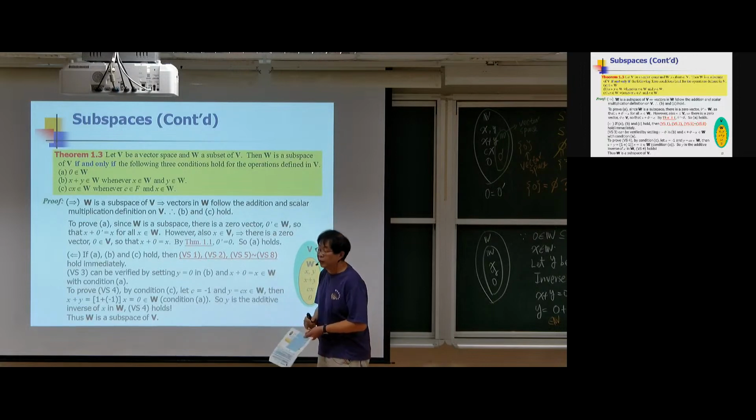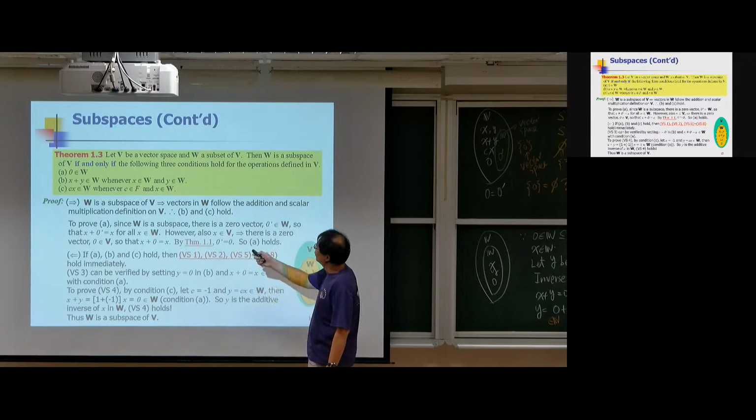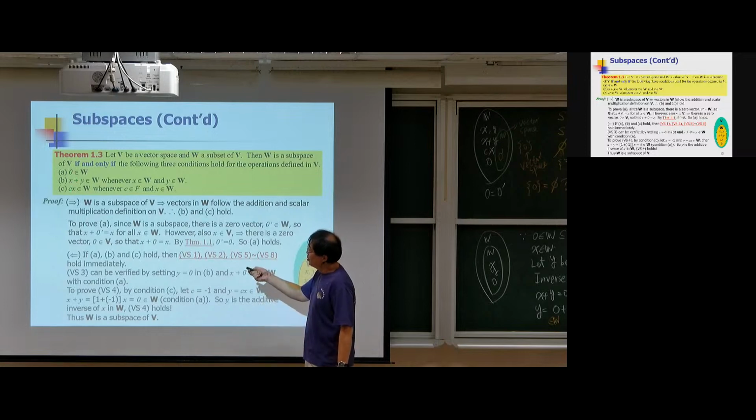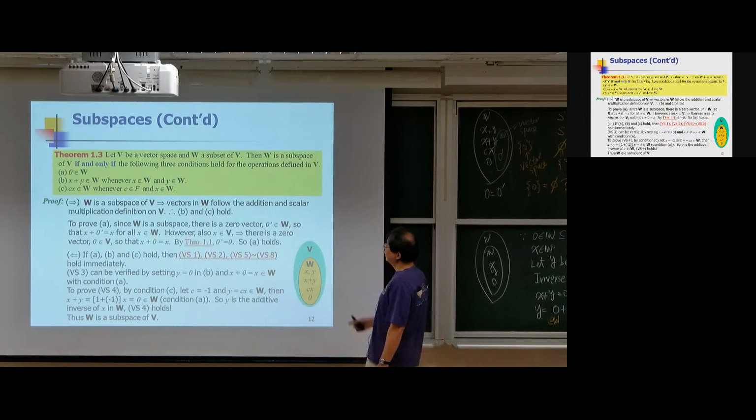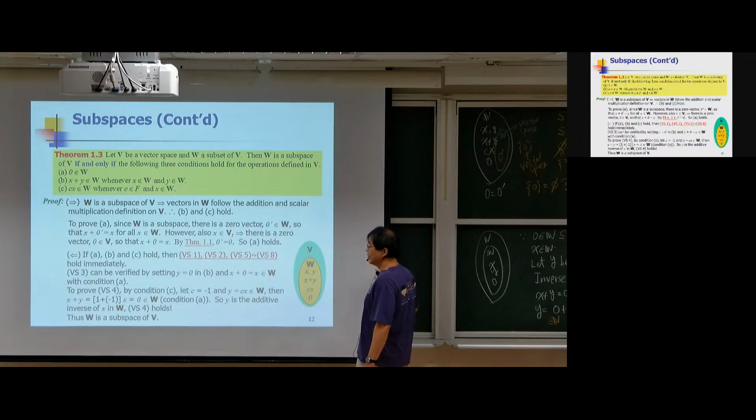Whenever you see if and only if, you must assume the statement here is true, and we need to prove A, B, C. Then we need to assume A, B, C is true, and we need to prove W is a subspace. So we have to prove it from the left-hand side to right-hand side, and also from right-hand side to left-hand side, because of if and only if.